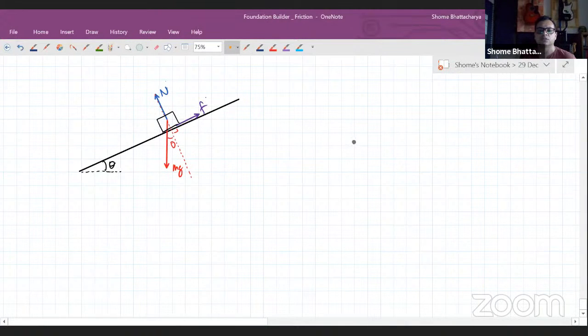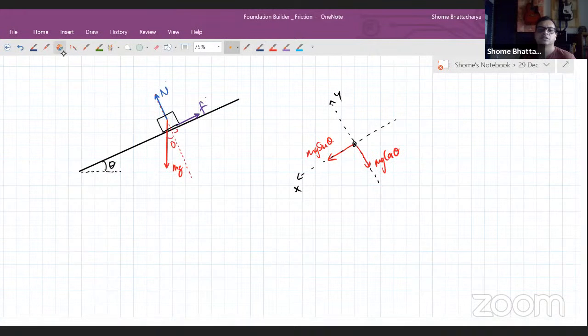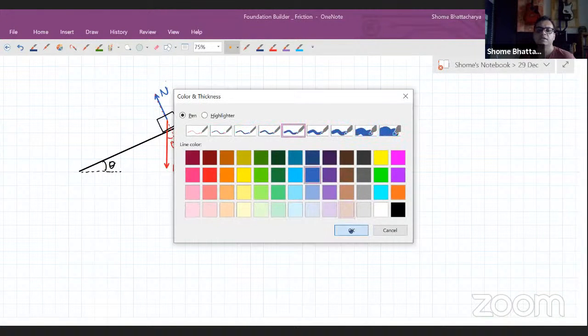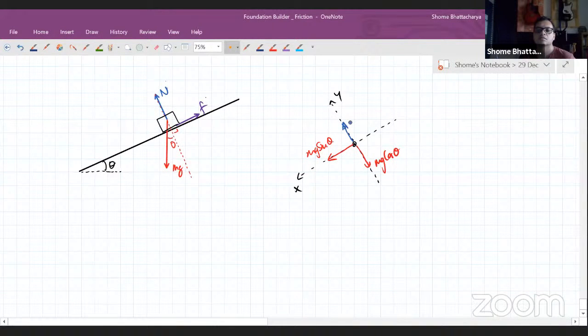So let's resolve the forces, taking the inclined surface as our x-axis, and the perpendicular to the incline as our y-axis. Okay. So let's begin by resolving the gravitational force. So we can see that this is the sine component, this is the cos component. So ultimately, the normal reaction will balance, okay, and the friction will be trying to oppose this.